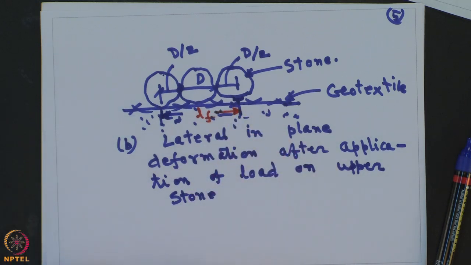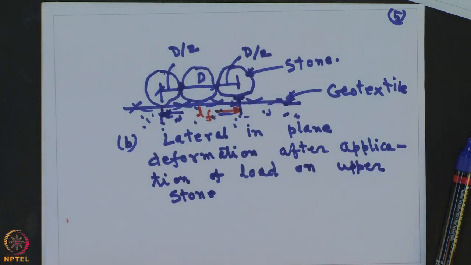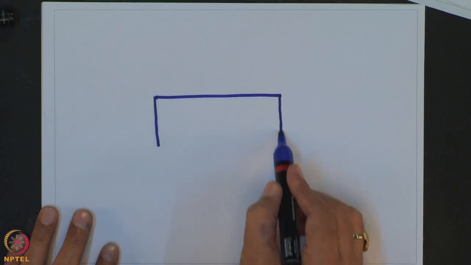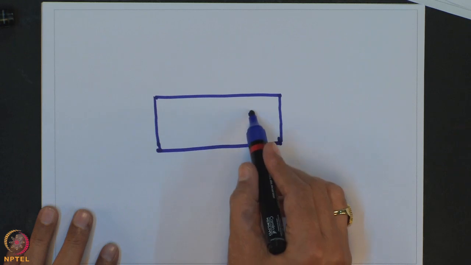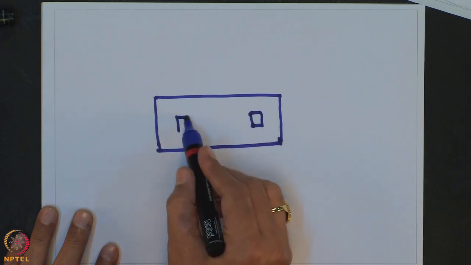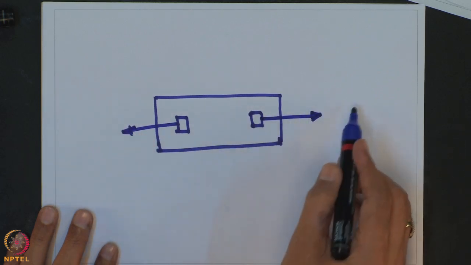Okay. So, this can be analogous to the grab strength test. How can it be analogous? Let us say this is the sample of geotextile material and you have to perform the test. So, this is moving along this direction.